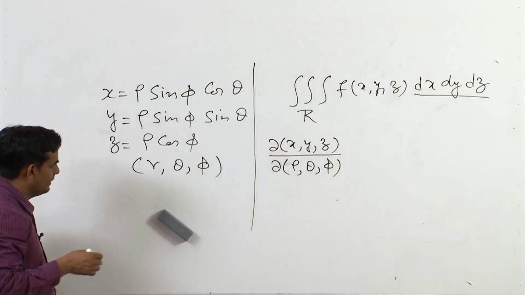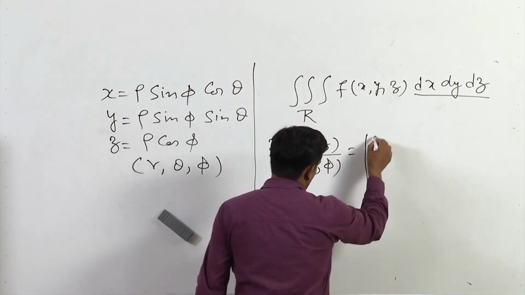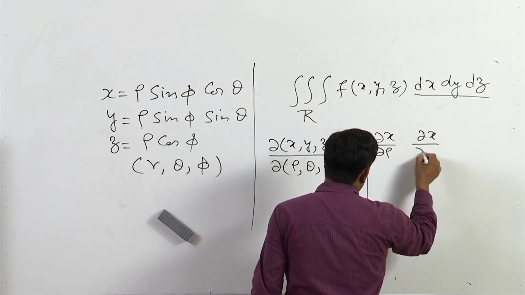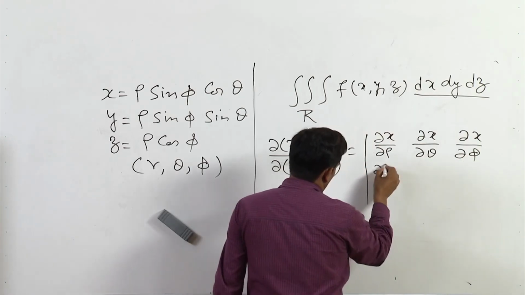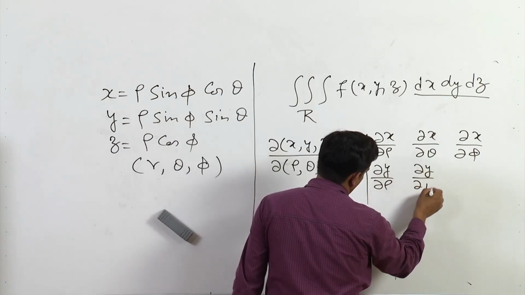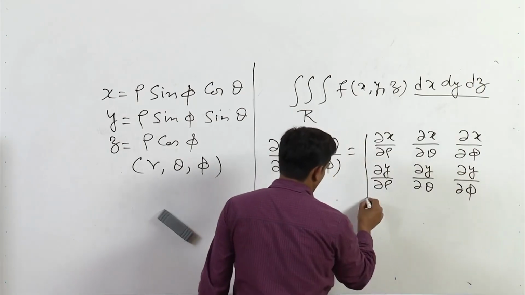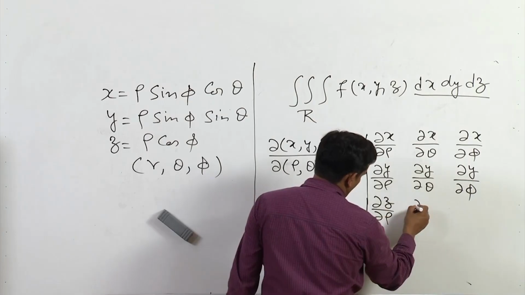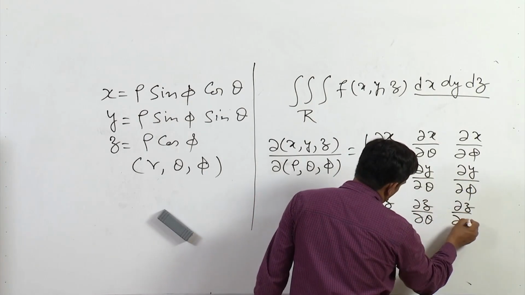It will be a Jacobian, that is del x over del rho, del x over del theta, del x over del phi, del y over del rho, del y over del theta, del y over del phi, and then del z over del rho, del z over del theta, del z over del phi.